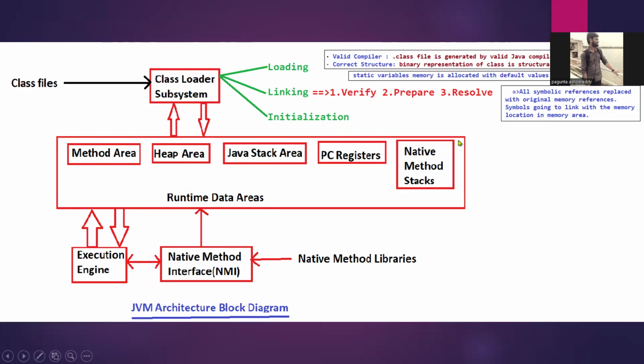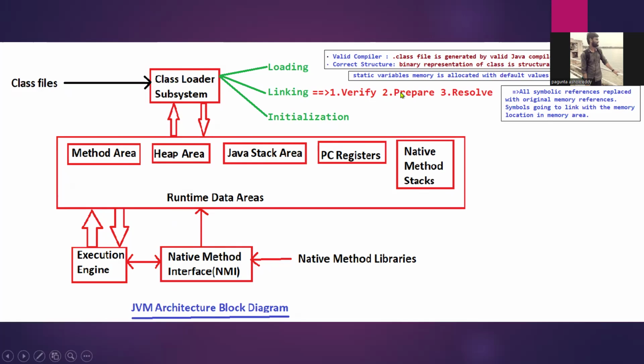What is verify? It checks whether this bytecode, meaning this class file, is valid or not, and also whether the structure is in the correct format or not. That is the verifying activity.